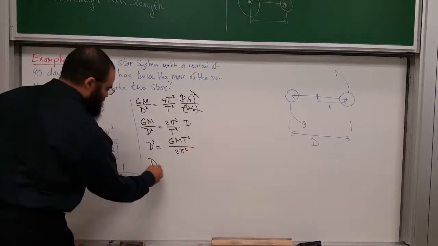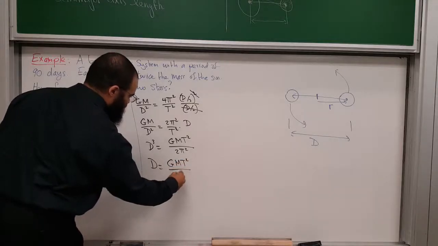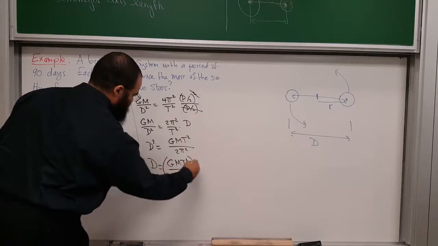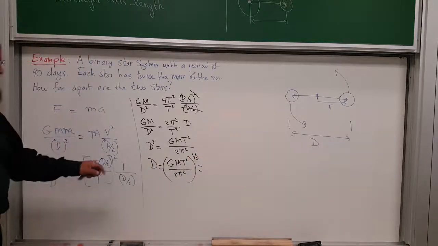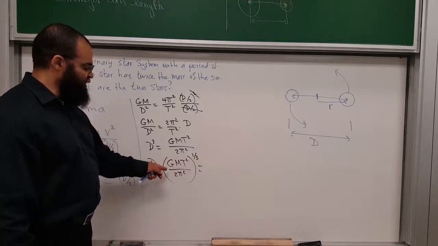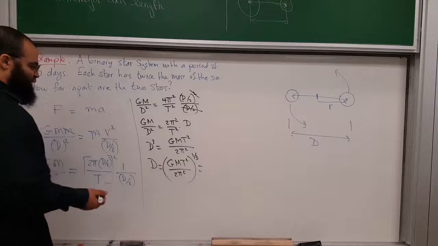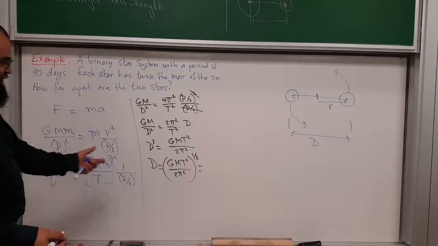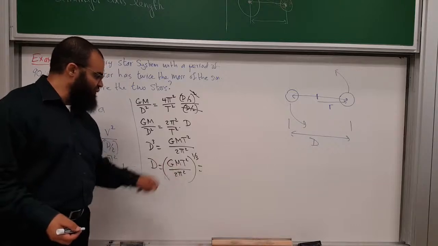And so D will be capital G M T squared divided by 2 pi squared, to the 1/3 power. Now the hard part, joking, the easy part, is to plug in the numbers. G is 6.67 times 10 to the minus 11. The mass here, sorry, I switched from little m to capital M. The mass of each star is twice the mass of the sun. So you look up the mass of the sun and double it and plug it here.